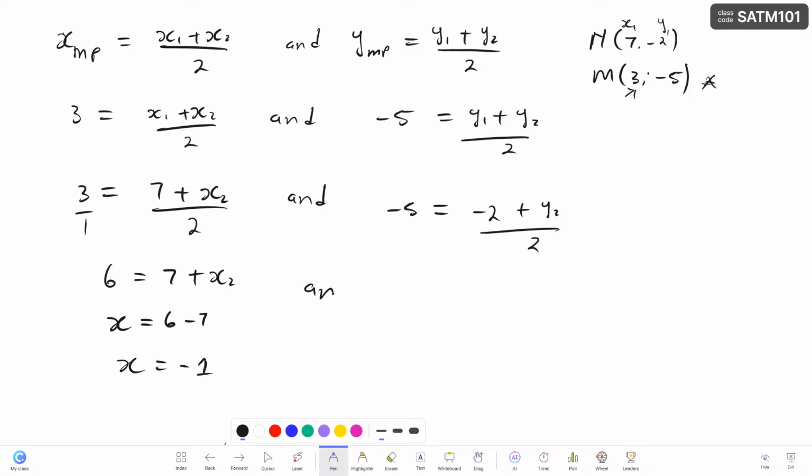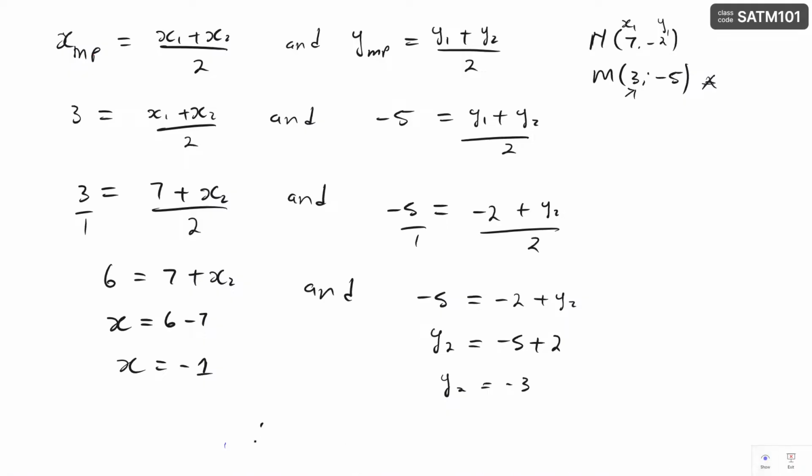So okay, let's check for y. Same thing, cross multiplication. After cross multiplication, you're going to have this equation. Then we need to take negative 2 to the other side. So y2 is equal to negative 5 plus 2, which is y2 equals negative 3.